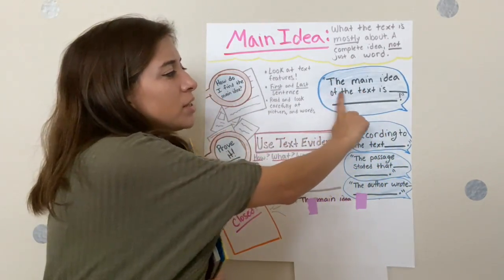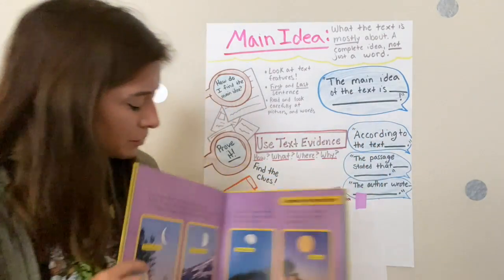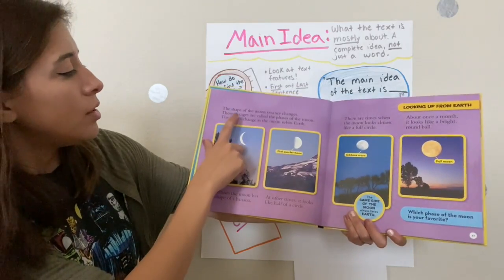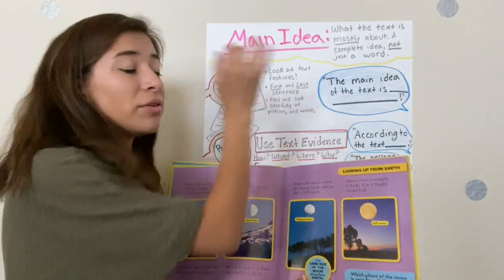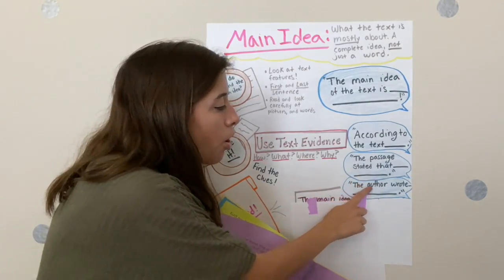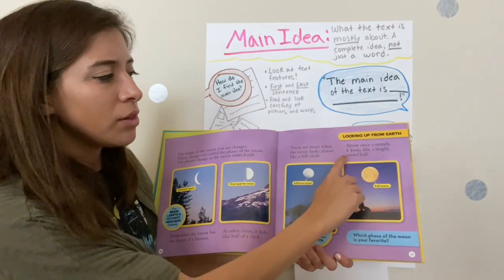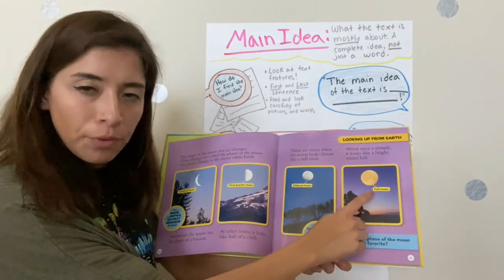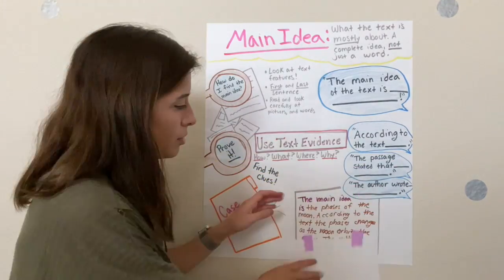The main idea of the text is phases of the moon. According to the text, the phases change as the moon orbits the Earth. That's a sentence all about the phases of the moon, so that proves it. Next, I'm going to say the author wrote, about once a month it looks like a bright round ball, the full moon. Just like that, we've built our evidence, so let's build our case here.